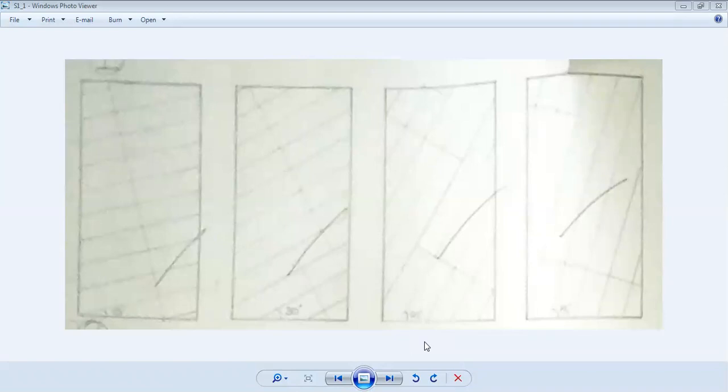Are you able to see? Yes, sir. Okay. So what you need to do is make some blocks like this, that is 2 inch by 3 inch. This is 2 inch and this is 3 inch. Clear? And in that you need to draw this horizontal line and vertical line or all these inclined lines, whatever angles are given. Clear?